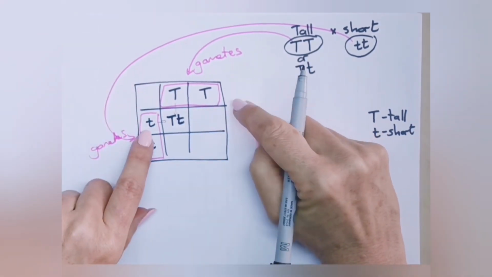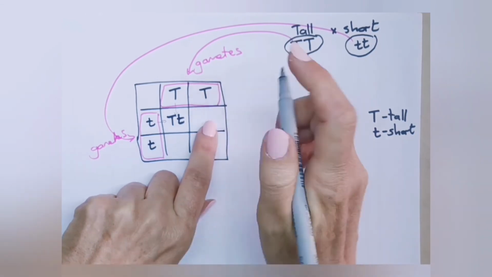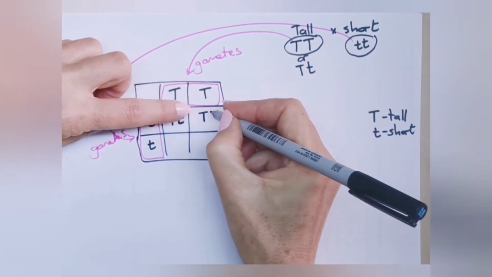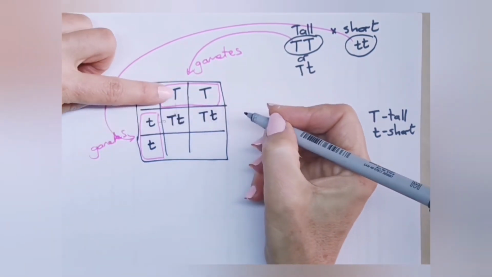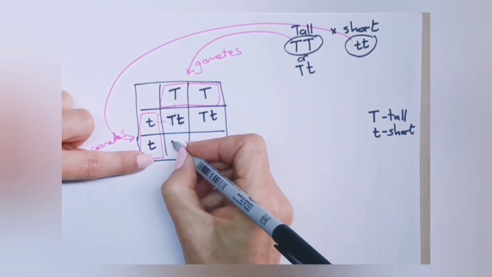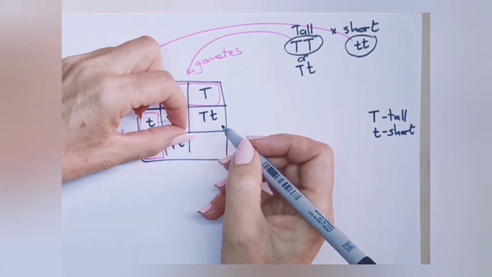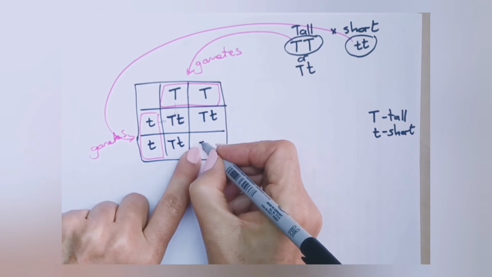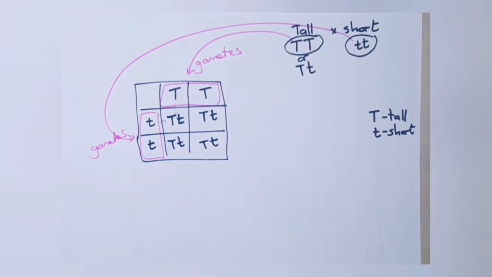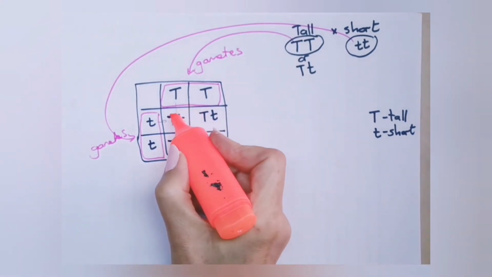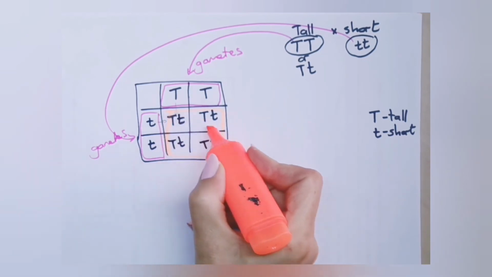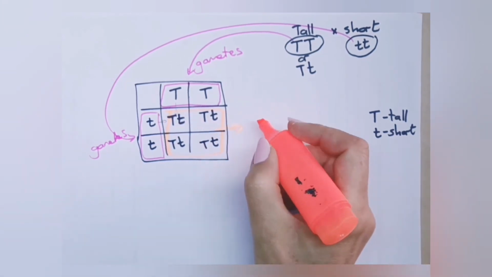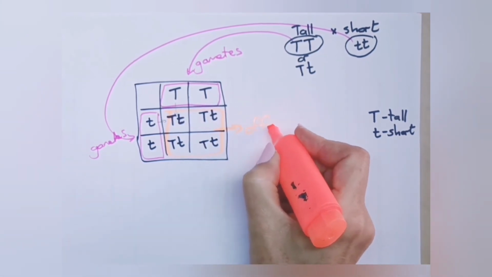If this pollen grain and that ovule fertilize, again, we'll have a big T and a little t. If this pollen grain and ovule fertilize together, little t, big T, little t. So in that way, these 4 blockies over here represent the possible offspring.